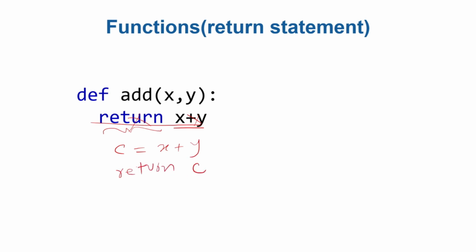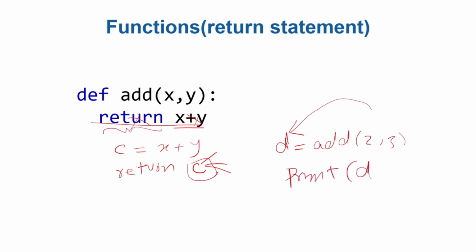What will happen is, wherever you have called this function, d equals add(2, 3), the value c, which in this particular case is 5, will be returned in d. So just like this, c is copied in d, and this is available further, whatever you want to do with d. So the return statement is there.